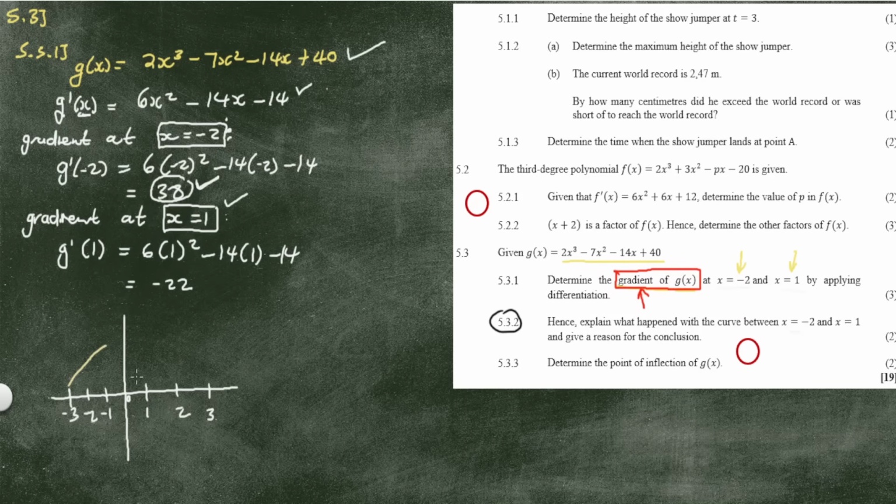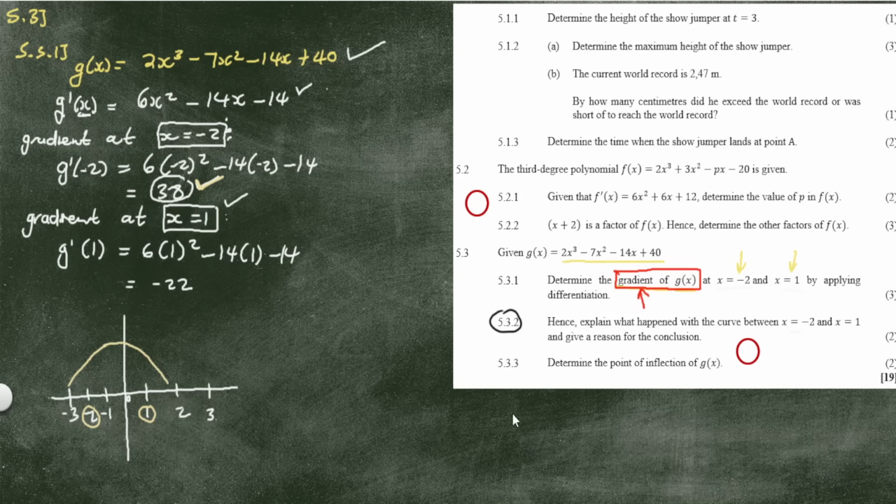So once it reaches x equal to 1, this point, now minus 2, the curve is going up. If the gradient is positive, it means the curve is going up. If the gradient is negative, the curve is sloping downwards.